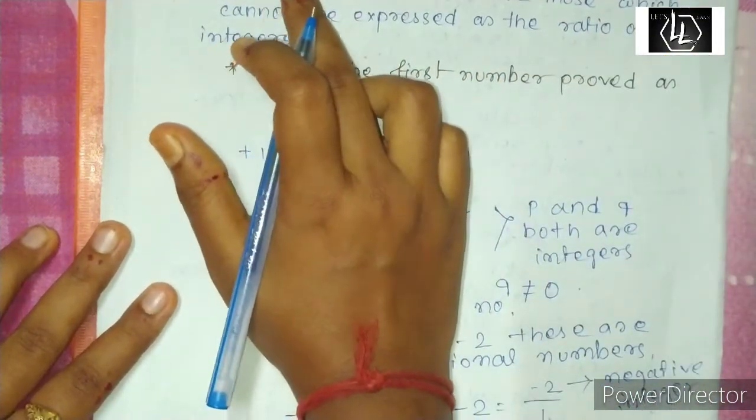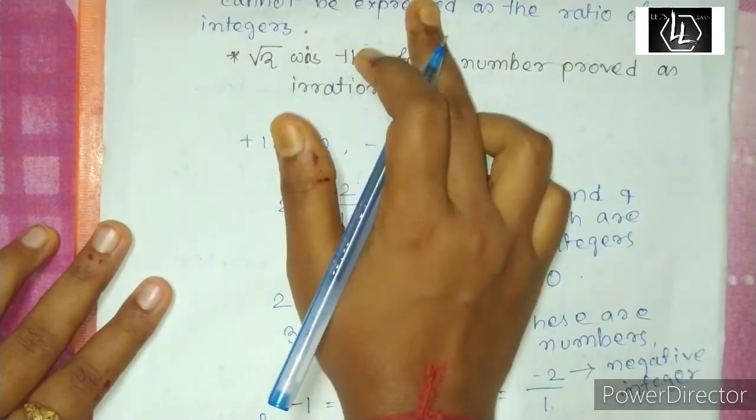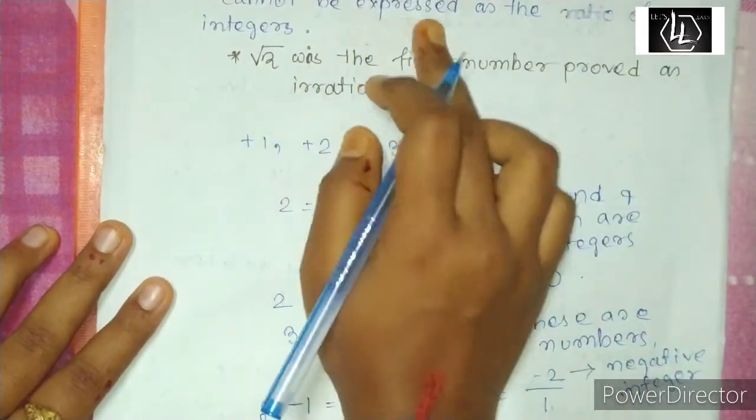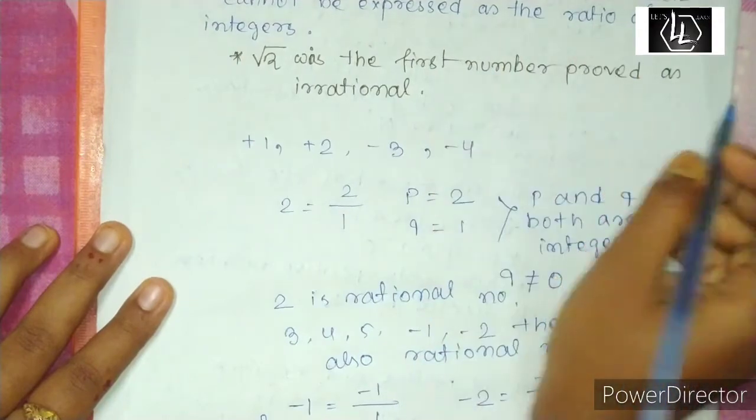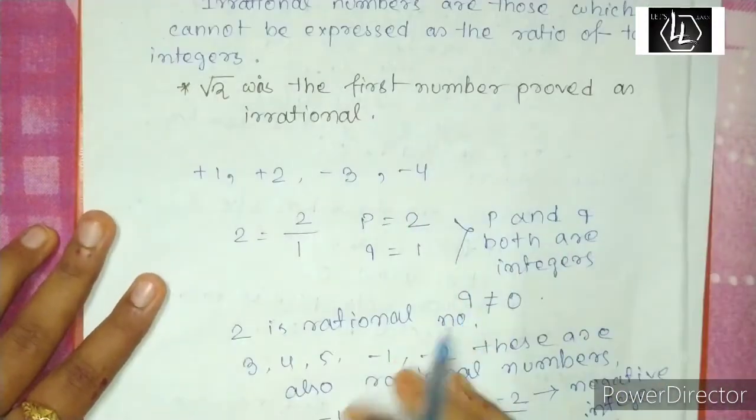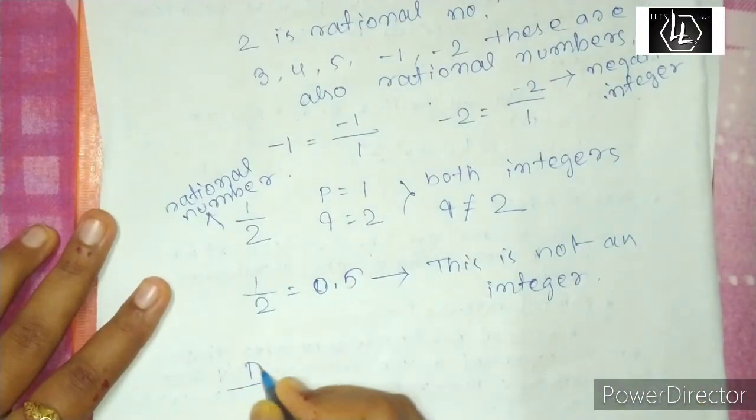So what are irrational numbers? Irrational numbers are those which cannot be expressed as the ratio of two integers. So here the form is p by q.